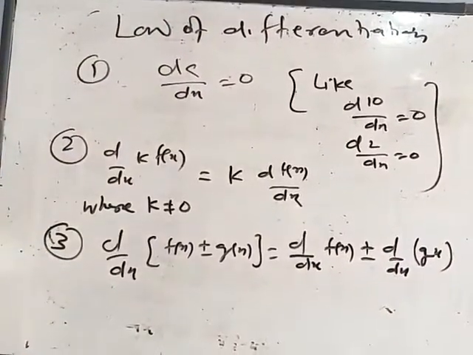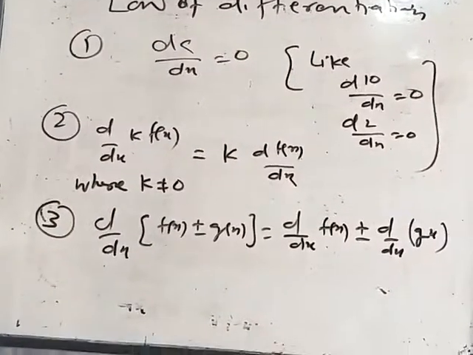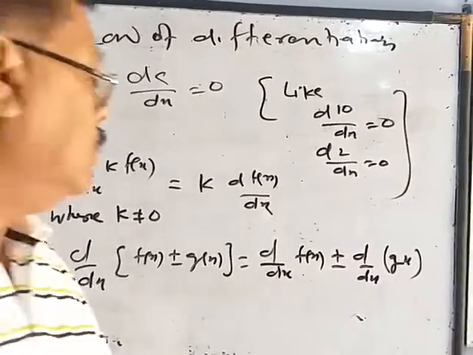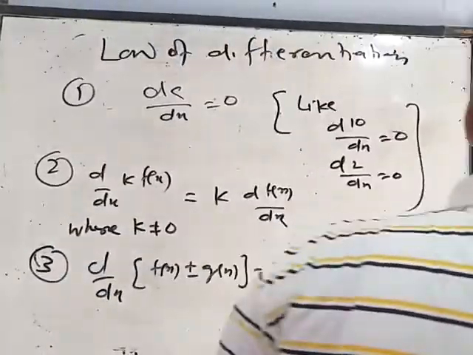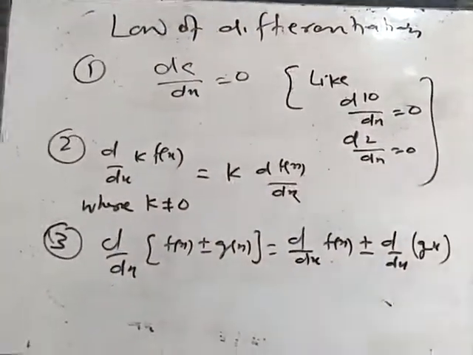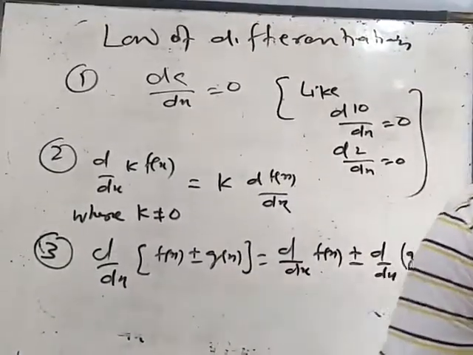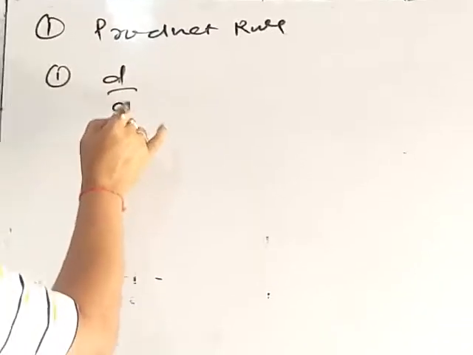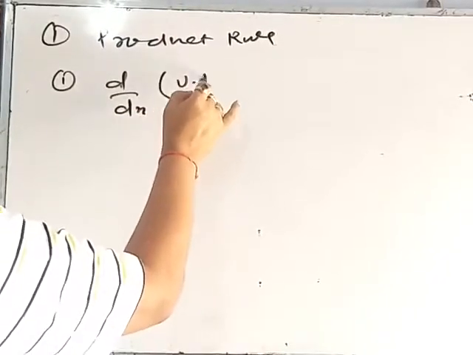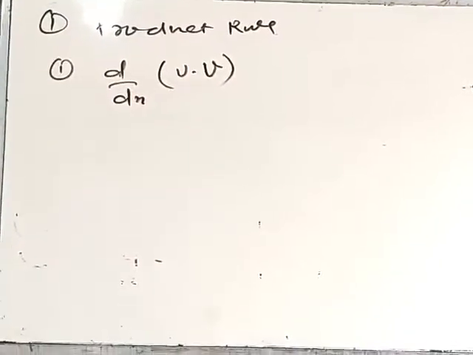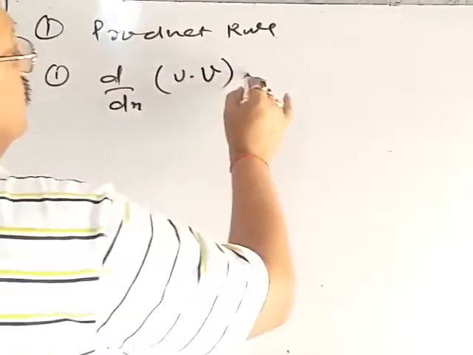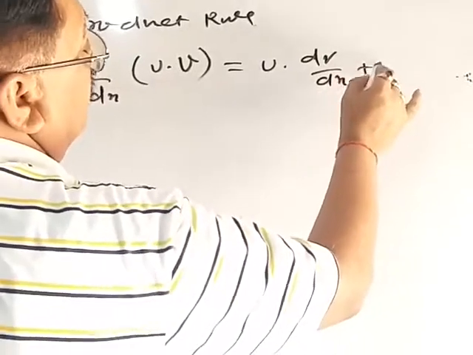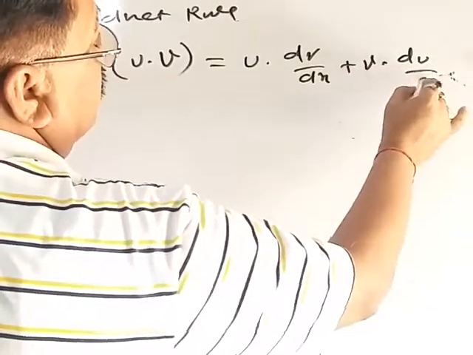Now you know the product rule and quotient rule; I just want to recall them. d by dx of u into v, the product of two functions, is u into dv by dx plus v into du by dx.